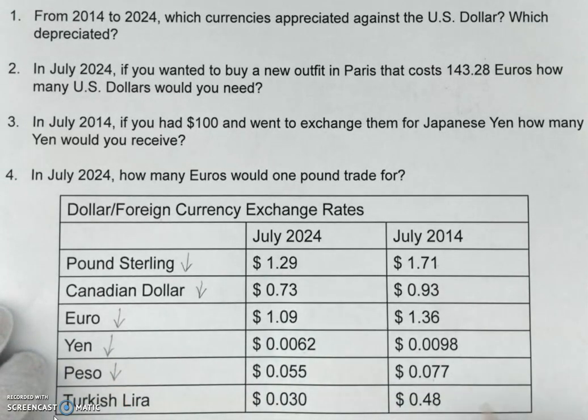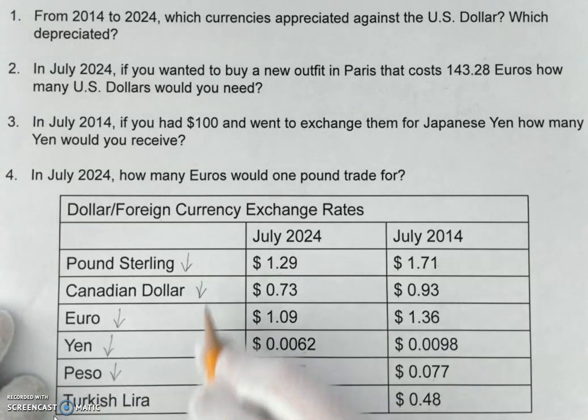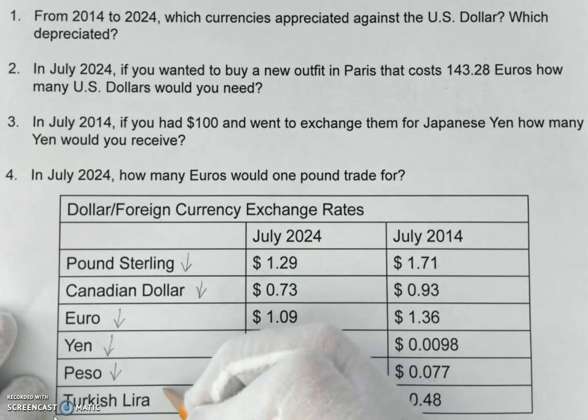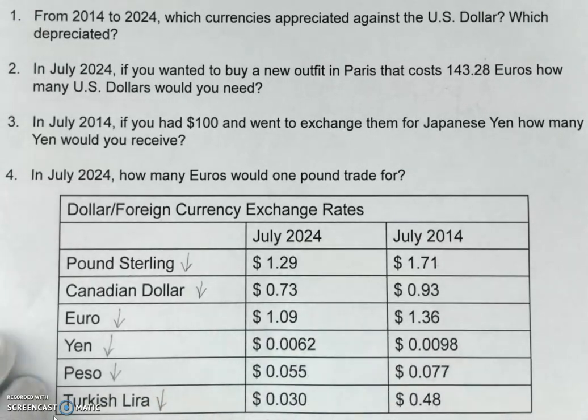The dollar is therefore appreciating. And then finally, the Turkish lira. The Turkish lira is the most dramatic of these examples. It took 48 cents in US dollar terms to get 1 Turkish lira in 2014. By 2024, it only took 3 cents. Significant drop. So the Turkish lira depreciated and the dollar appreciated.